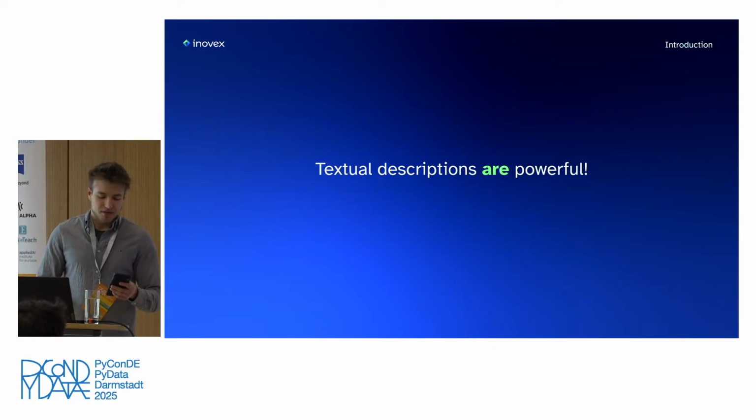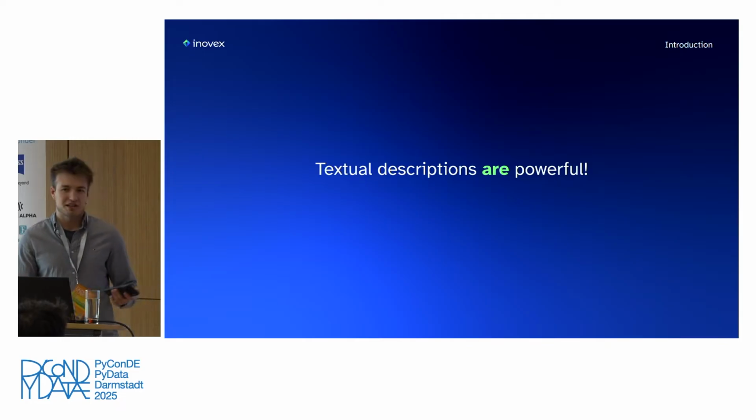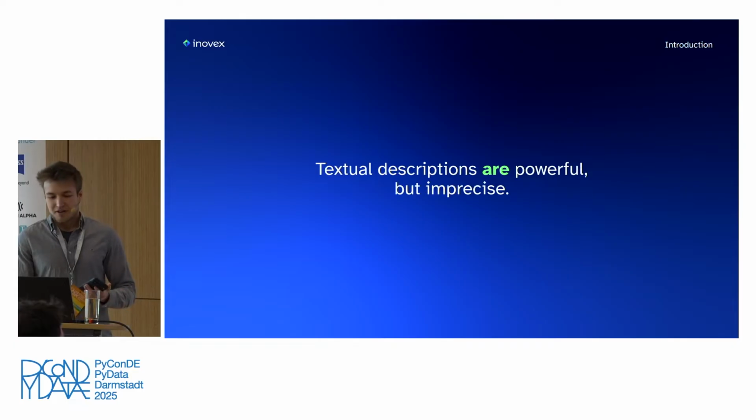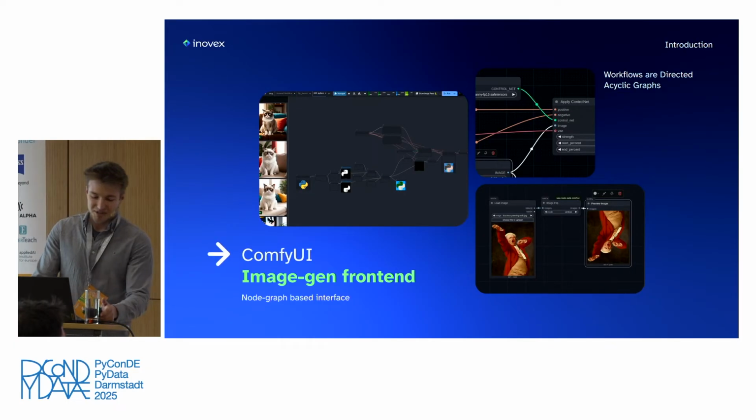What I'm going to show you is how we can use supplementary models and different generation techniques to generate images that are impossible when we just use textual descriptions. So, textual descriptions are powerful but imprecise. That's what I want to show.